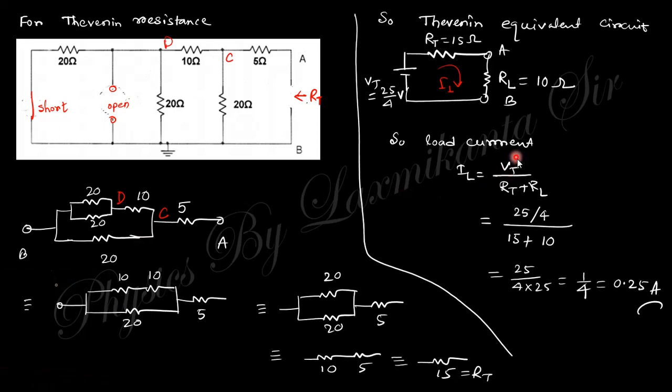Total voltage is VT, total resistance is RT plus RL. Putting in the values, we get 0.25 ampere. So this is the current flowing in this loop using the Norton theorem. I think it's clear. If there is any doubt, you must comment in the comment box. Go to the next one.